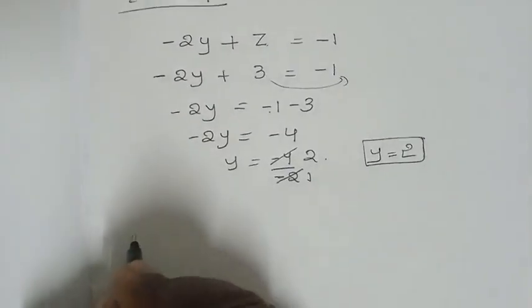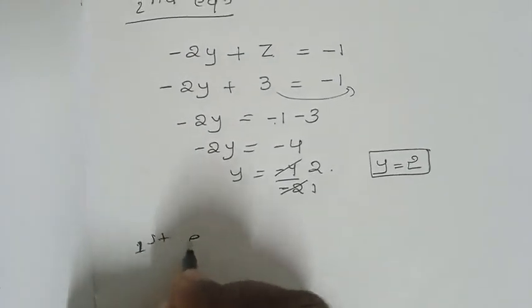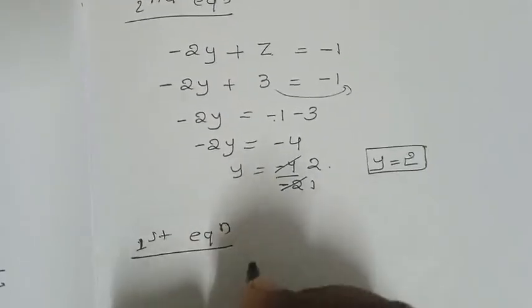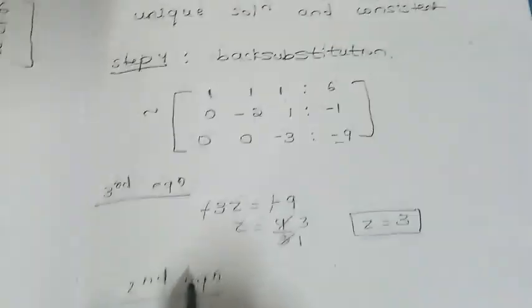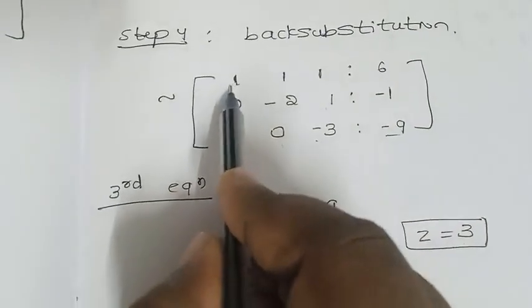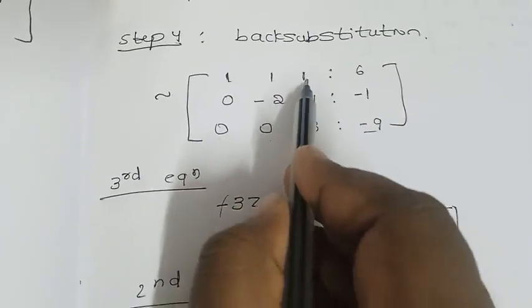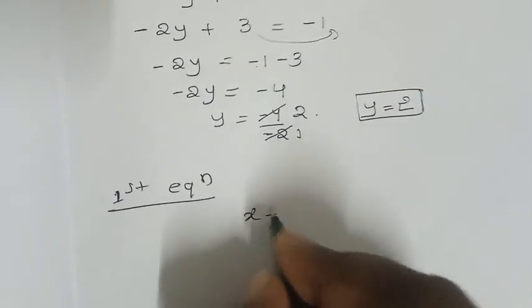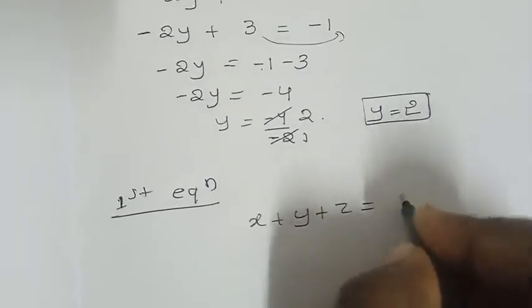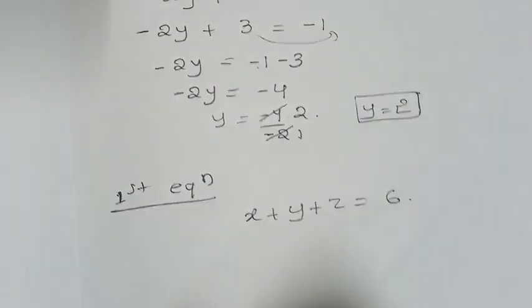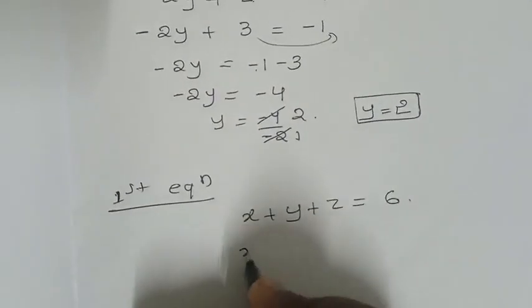Then we'll move to the first equation. So what is the first equation? x variable's value 1, y variable's value 1 and z variable's value 1 is equal to 6, right? So x plus y plus z is equal to 6. We don't know the x value.